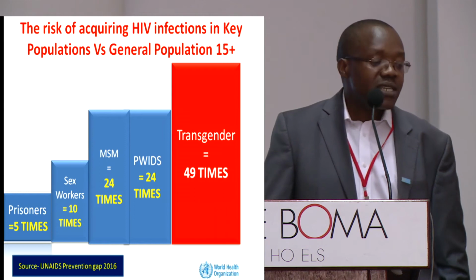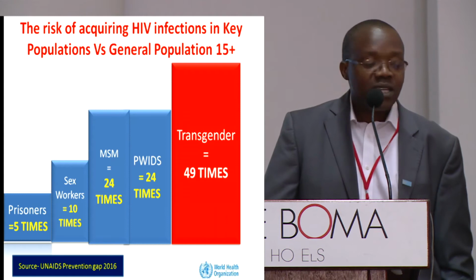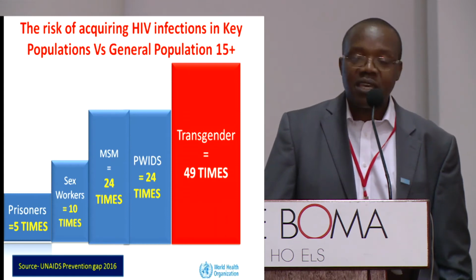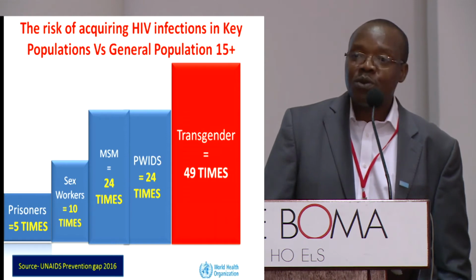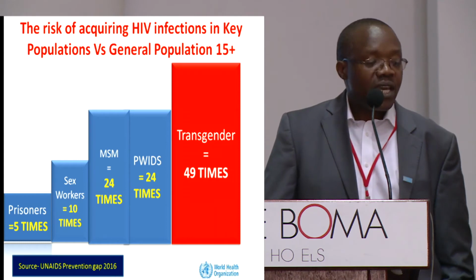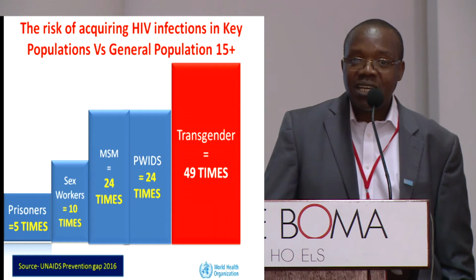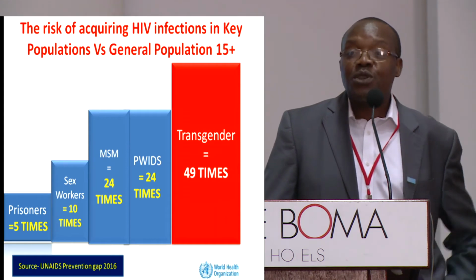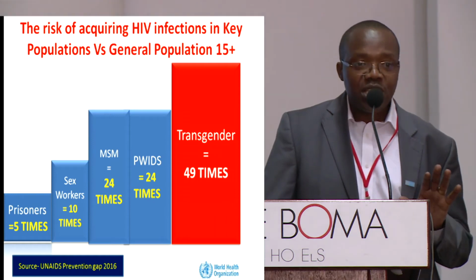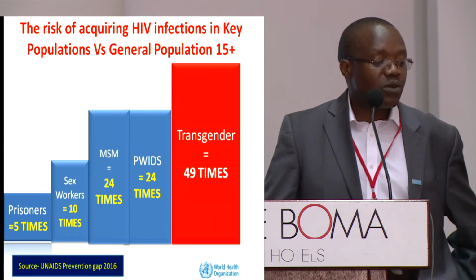The risk increases in sex workers, which is 10 times. Of course, the risk is more if somebody engages in MSM, and for people who inject drugs, it is 24 times. And in transgender people, the risk is even higher, particularly transgender women. So you can see why it's very important that if we are to reduce new infections, we need to invest a lot in these groups.